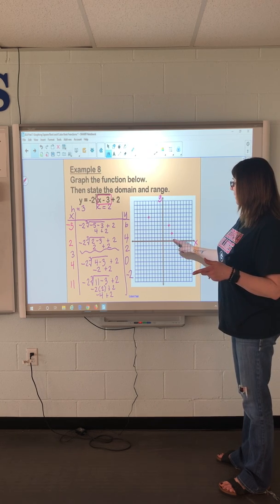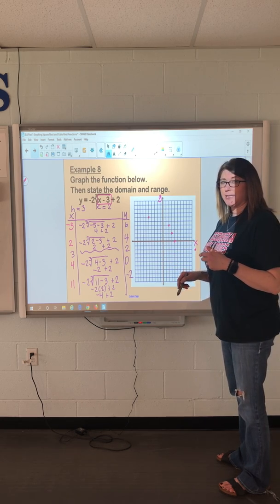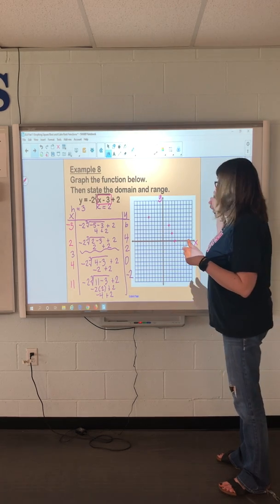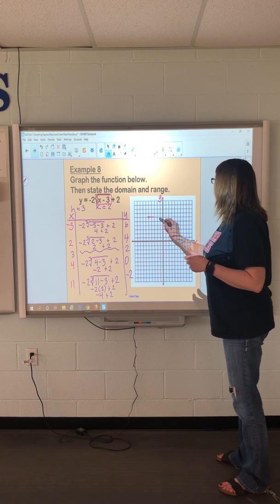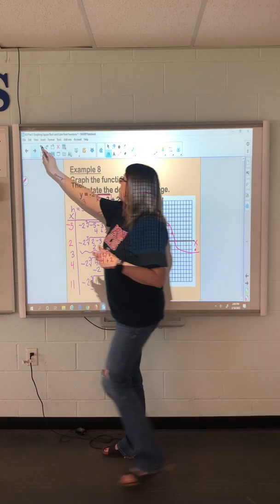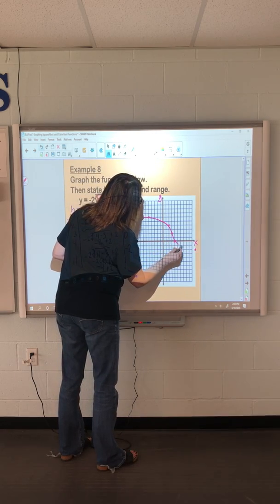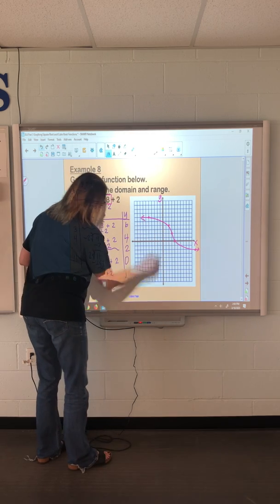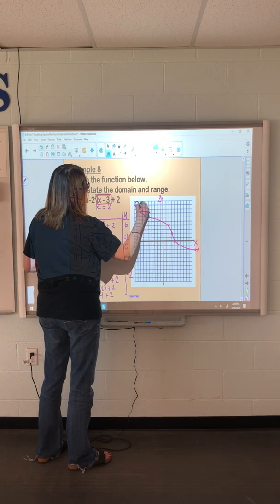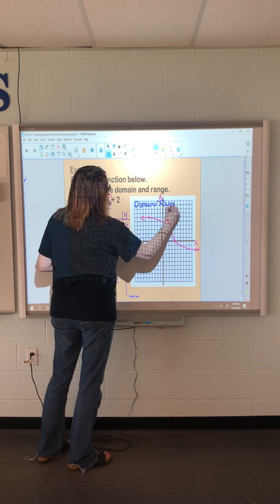It has been shifted 3 to the right and 2 up. And then I'm also seeing that reflection. So instead of it going from low to high, the reflection is making it go from high to low. Oh, I missed the points. That was bad. Let's try that again. There we go. Much nicer. And again, domain and range are all real numbers.